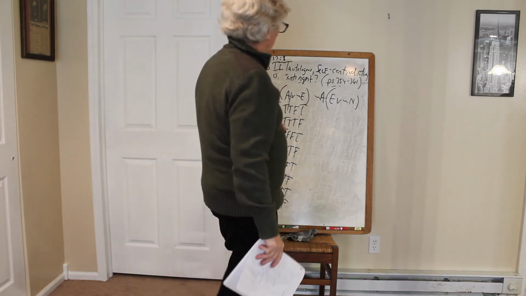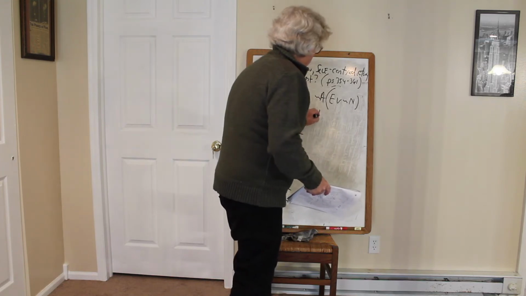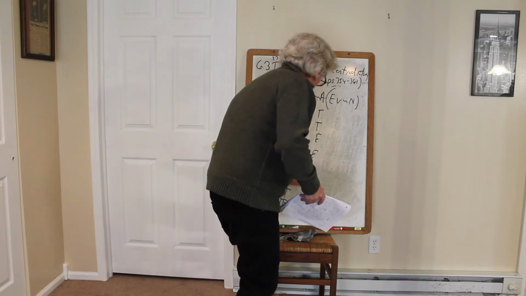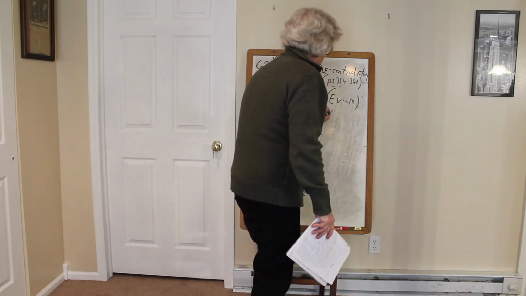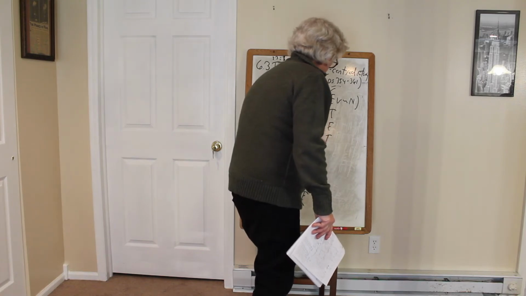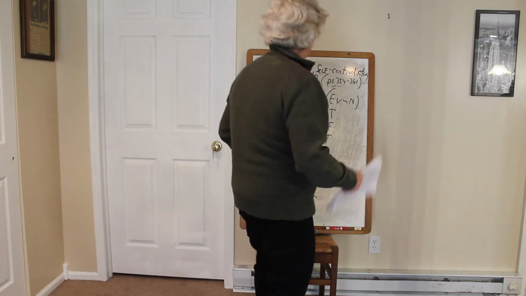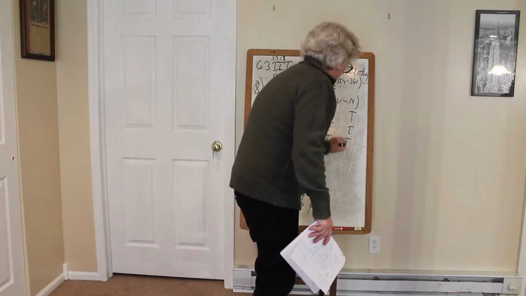Okay, so under A, I should have put the 2 truths, 2 falses, 2 truths, 2 falses. And under E, I alternate true, false, true, false, true, false, true, and false. And under N again, 4 and 4.